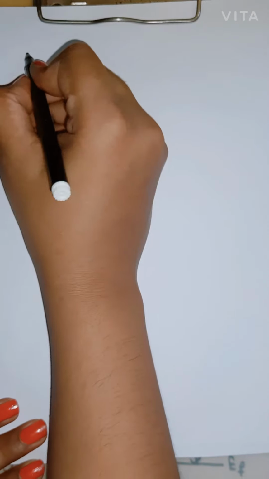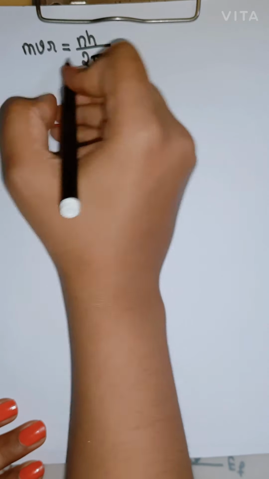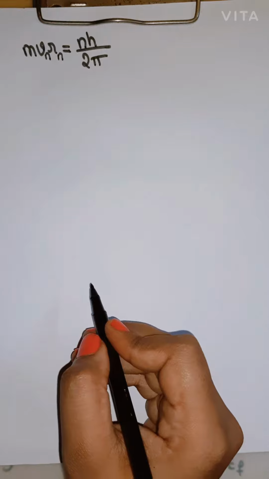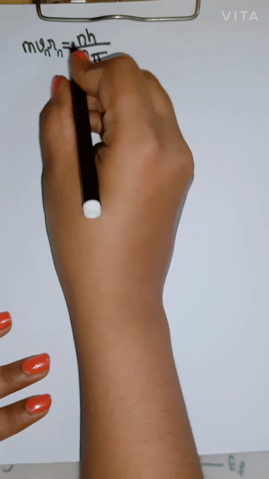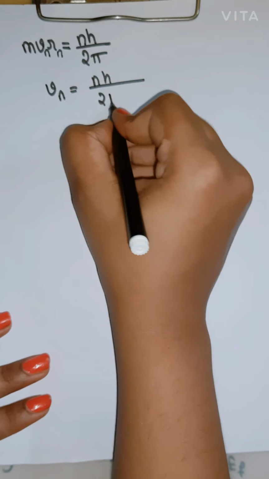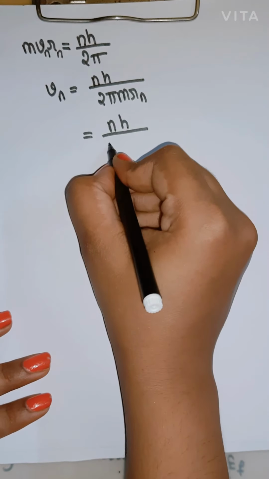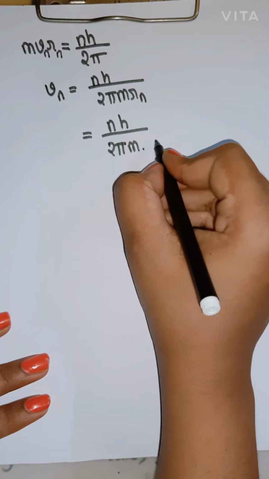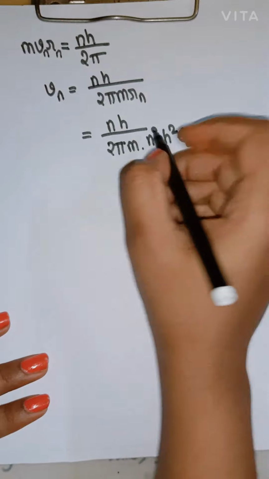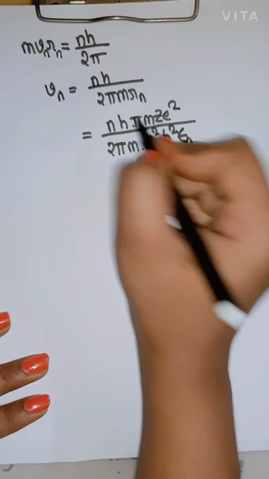Now we know that mvr is equal to nh by 2 pi, as we have denoted previously as rn and vn, so we will denote it over here also. And we know the value of rn, so here we have vn is equal to nh by 2 pi m rn. Now we will write nh by 2 pi m, and for rn we have n square h square epsilon naught by pi m z e square.